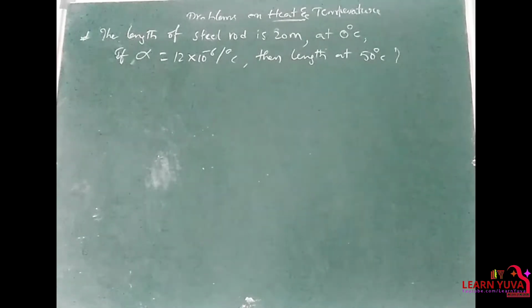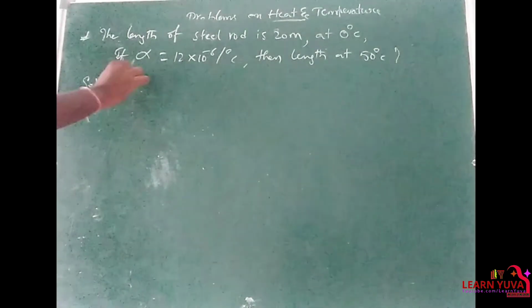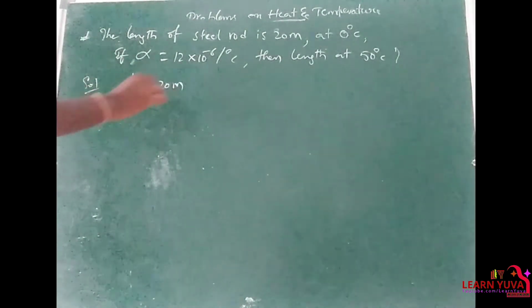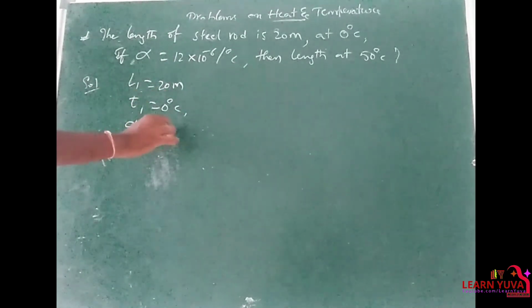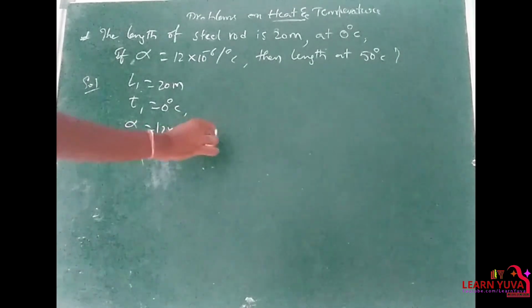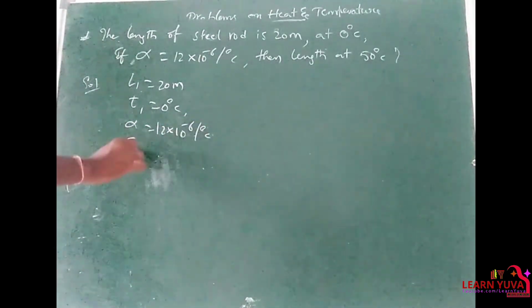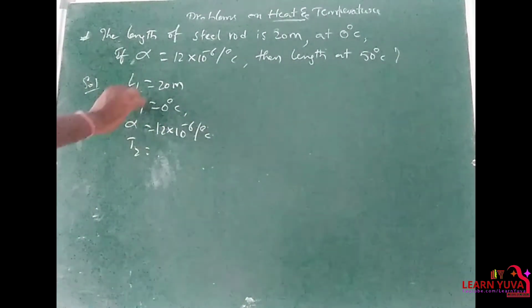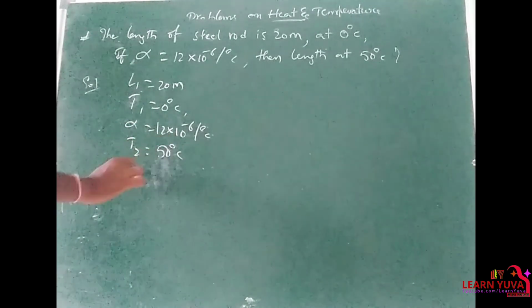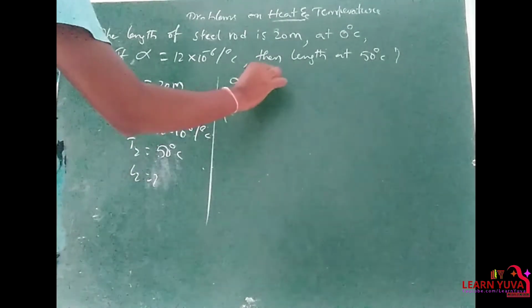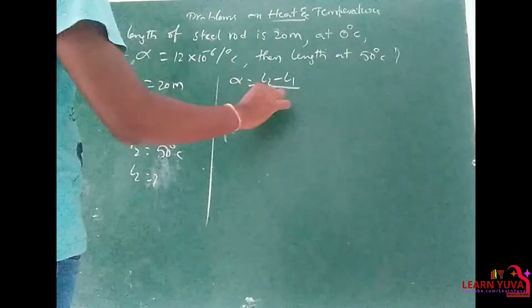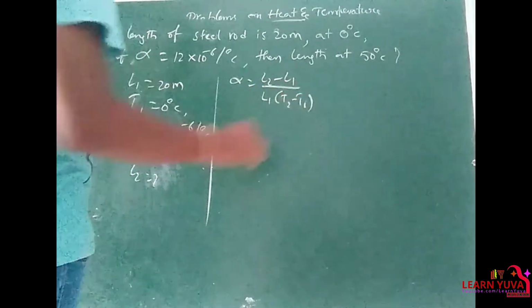Given the length of the steel rod L1 is equal to 20 meters, T1 is equal to 0 degree Celsius, alpha is equal to 12 into 10 power minus 6 per degree Celsius, then T2 is equal to 50 degree Celsius. We have to find out L2 by the formula alpha is equal to L2 minus L1 by L1 into T2 minus T1.